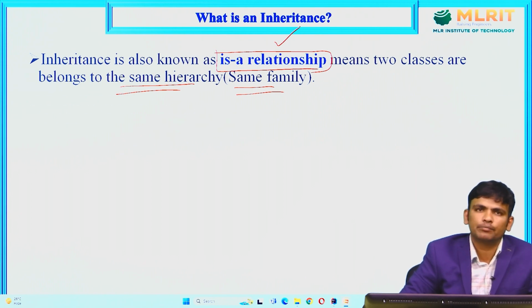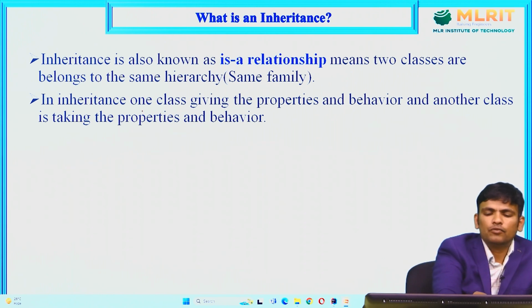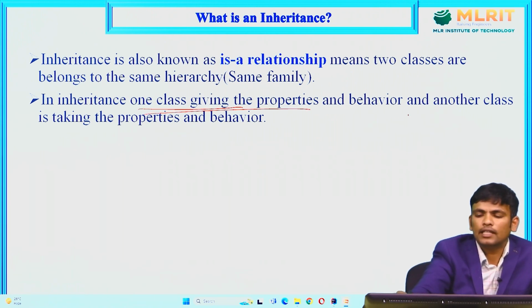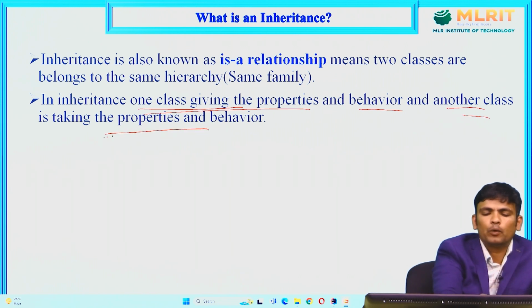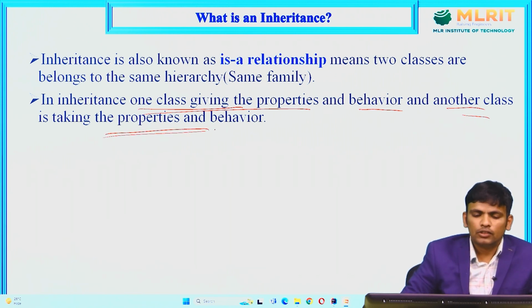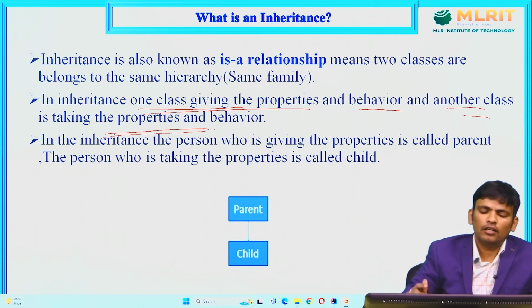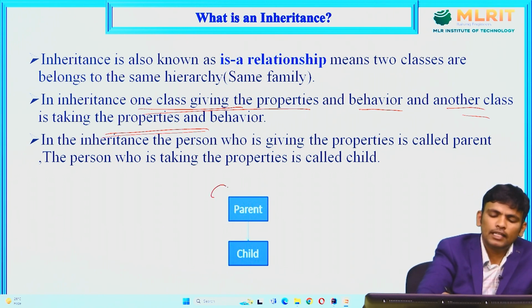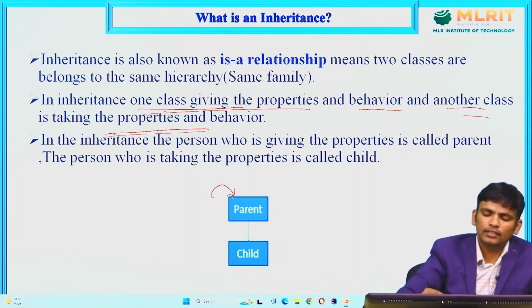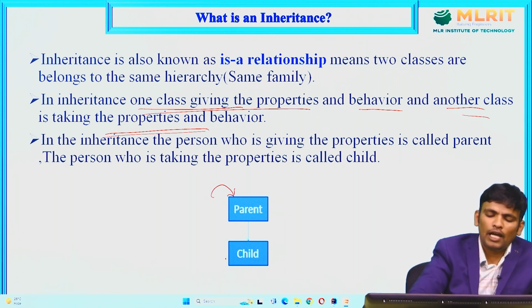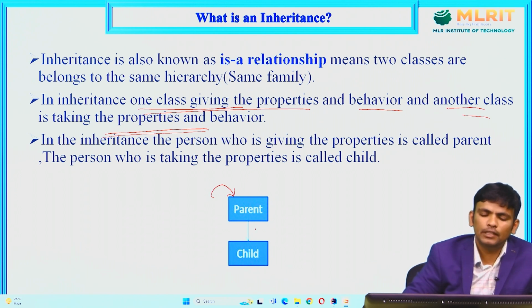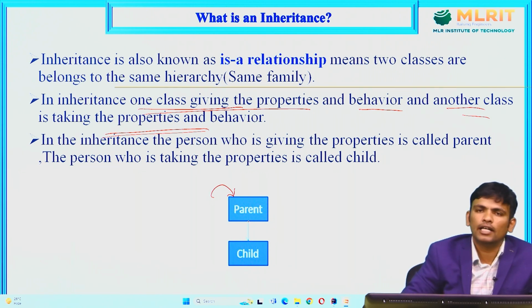In inheritance, one class is giving the properties and behaviors and another class is taking them. Suppose you take an example: I have a parent class and a child class. The parent class is giving the properties and the child class is acquiring them, since these two classes are in a parent and child relation.